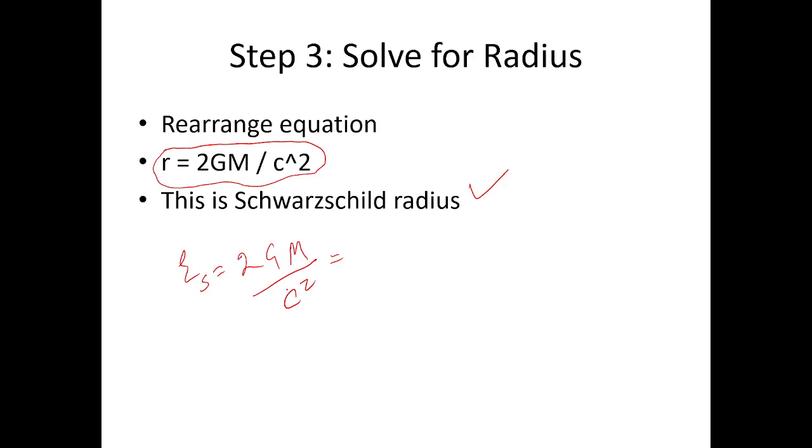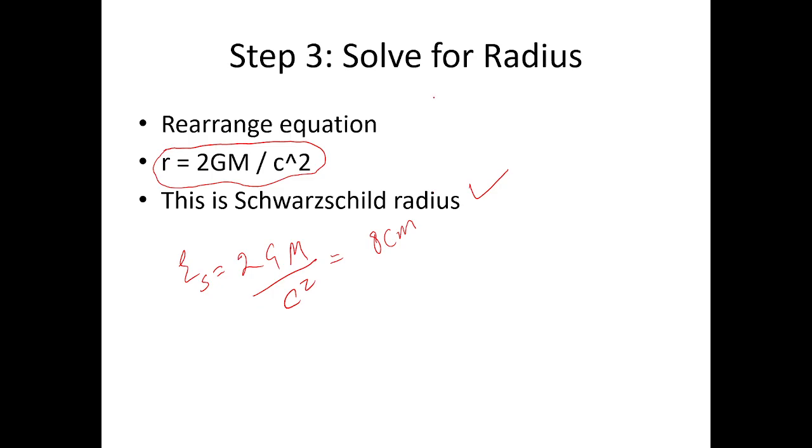So we will find the Schwarzschild radius of the earth. So if it is 8 centimeter, what does that mean?